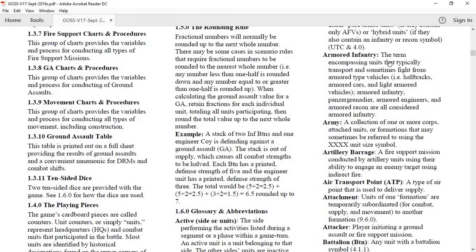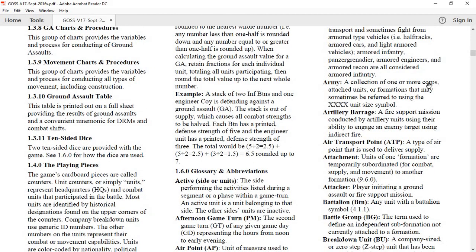Armored infantry, the term encompassing units that typically transport and sometimes fight from armored-type vehicles, that is, half-tracks, armored cars, and light armored vehicles. Armored infantry, panzer grenadier, armored engineers, and armored recon are all considered armored infantry.